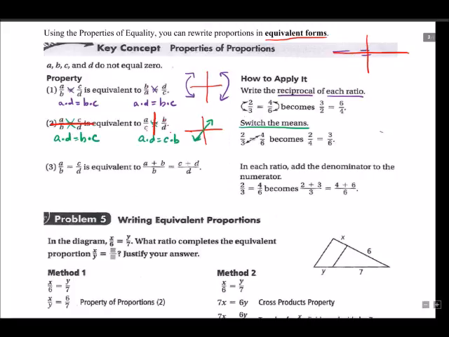And our last one here says in each ratio we can add the denominator to the numerator. Now why does this work? Well, let's look at what we have. We have A is to B, and here we have A plus B is to B. Well, if you remember, with fractions, you get a common denominator, and then you combine your numerators, right?